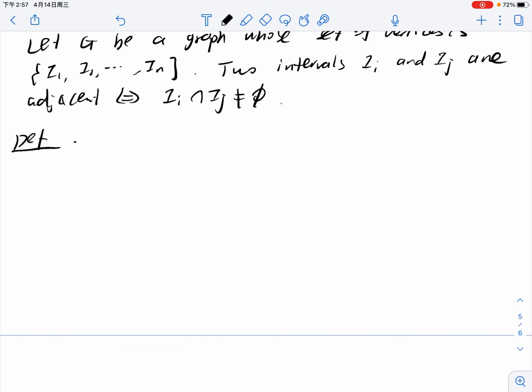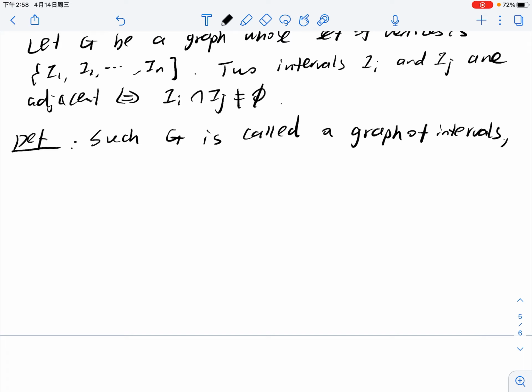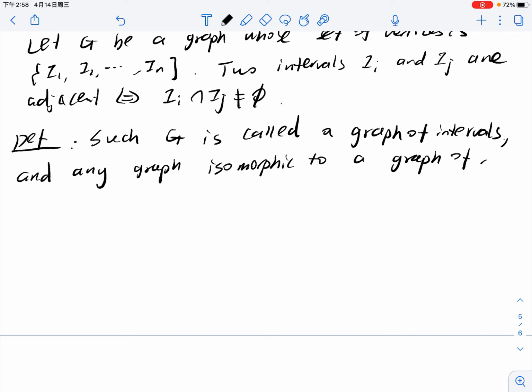Such a graph is called a graph of intervals, and any graph isomorphic to a graph of intervals is called an interval graph.